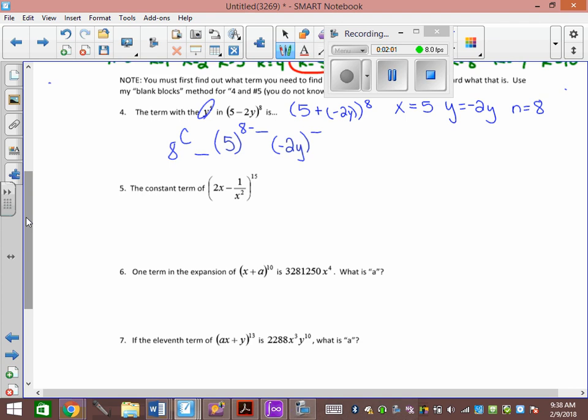So once I filled in everything but k, it might help me figure out what k has to be. I need a term that has y5. What do you think k should be in order to get a term to have y5? 5.